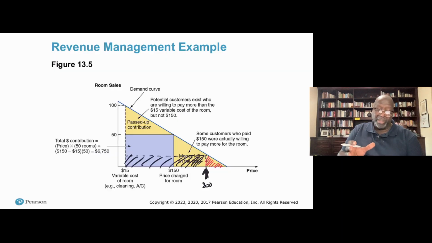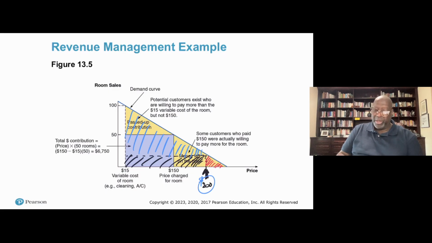So you leave less on the table, but there's a whole bunch of people, all these people right here, who are willing to pay between $15 and $200, but not your price of $200. So you have to find the right balance between those two groups.